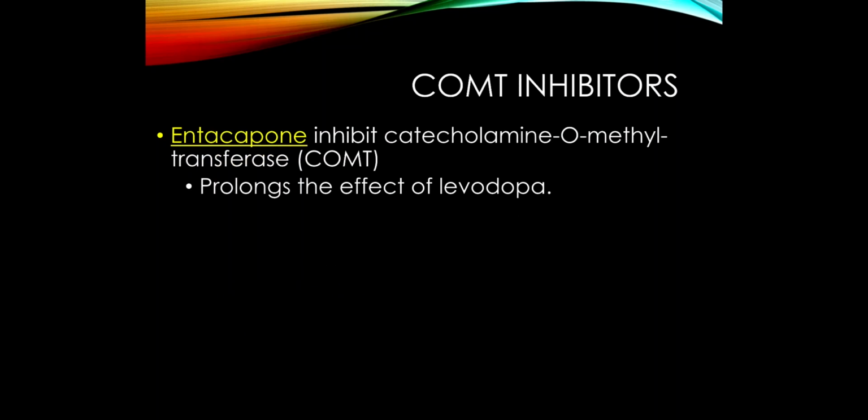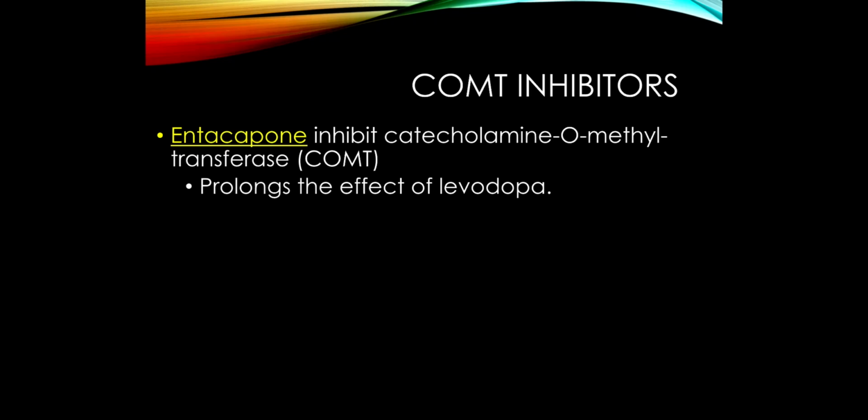The COMT inhibitor is entacapone. Like MAO-B, it has an effect on reducing the breakdown of dopamine, and there's really only one indication for giving a COMT inhibitor, and that is patients that are having early wearing off with the levodopa. They take the carbidopa levodopa, maybe it helps for 2.5 hours, but then it wears off and they can't move.